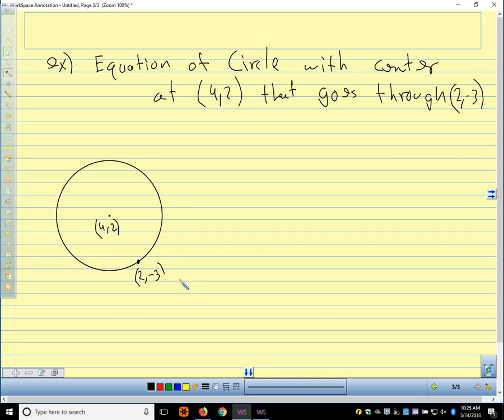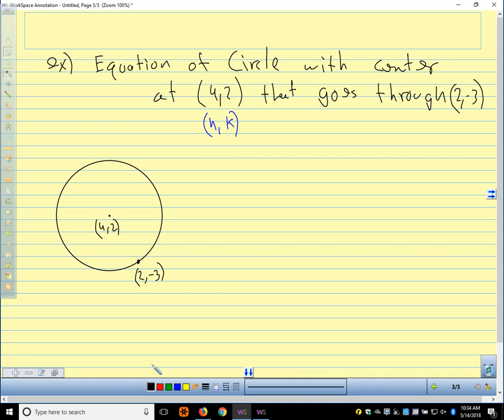Well, this center gives us h and k for our equation. What else do we need to figure out? What's the missing piece in our equation? We need h, k, and r. We need the radius.